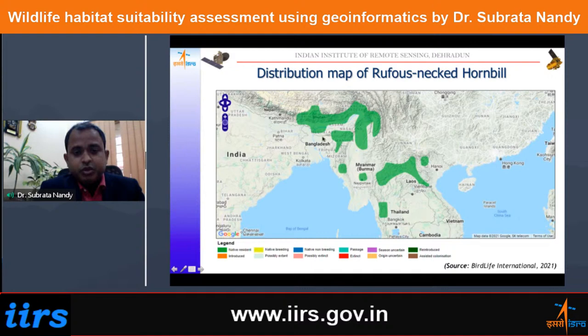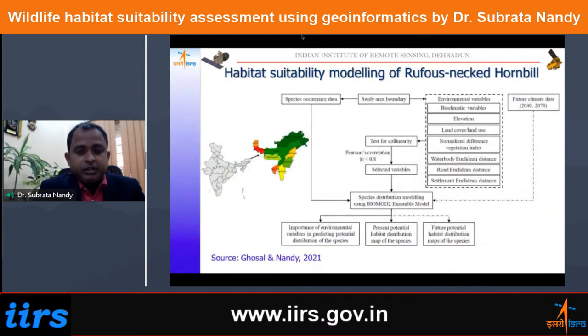So we have taken the whole of Northeast India and the northern part of Bengal as the study area: Sikkim, northern Bengal, and all 8 northeastern states. This study is very recently done and yet to be published. Here we have taken the species occurrence data, and I'll come back to where we got the data from.